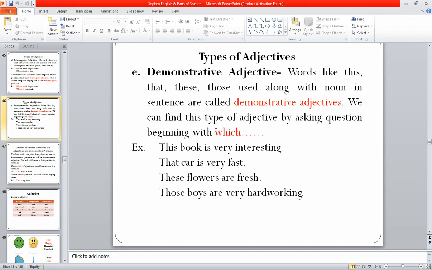Words like this, that, these, those used along with a noun in a sentence are called demonstrative adjectives.